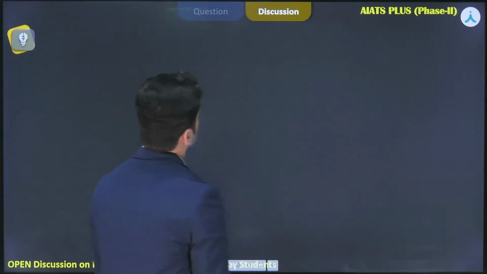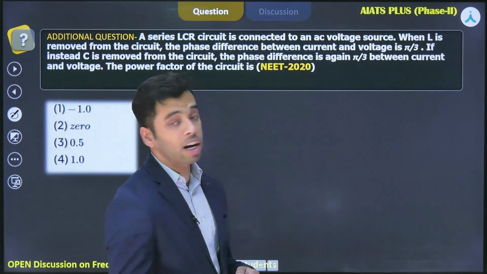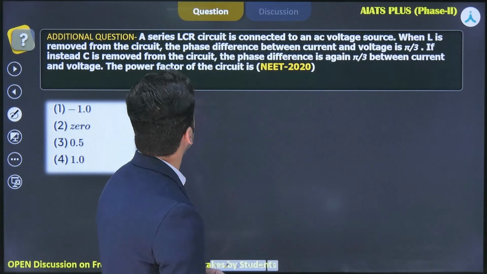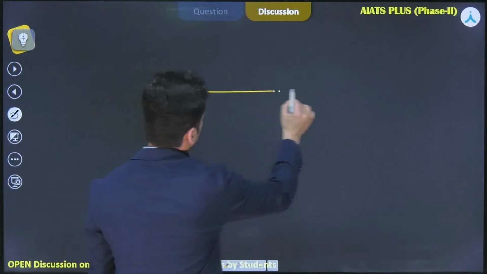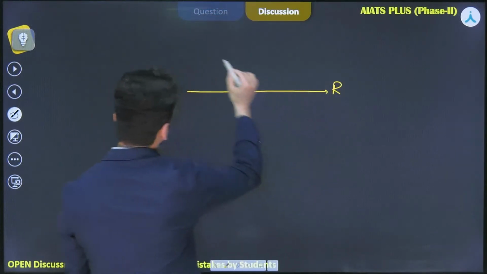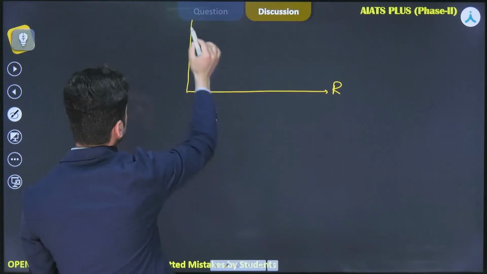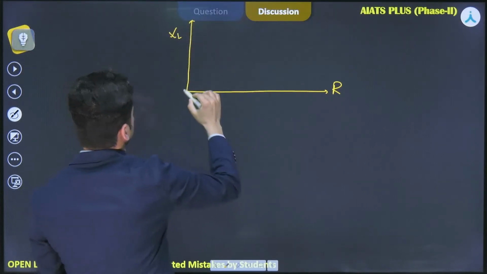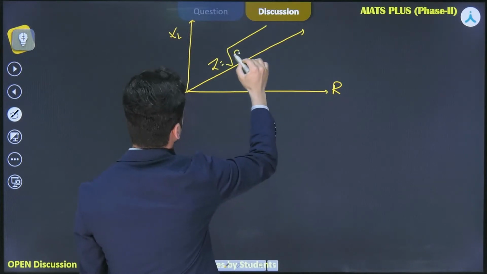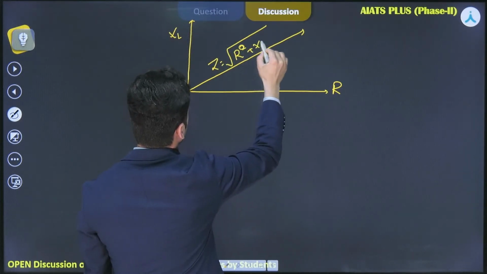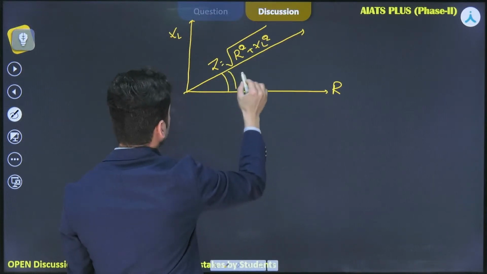Now they say that first they removed L, now they are removing the C. Let me remove C. So this is your R and I have removed C. So there goes my XL. So this time the impedance comes like this, Z, which is equal to under the root of R square plus XL square, and this becomes phi.